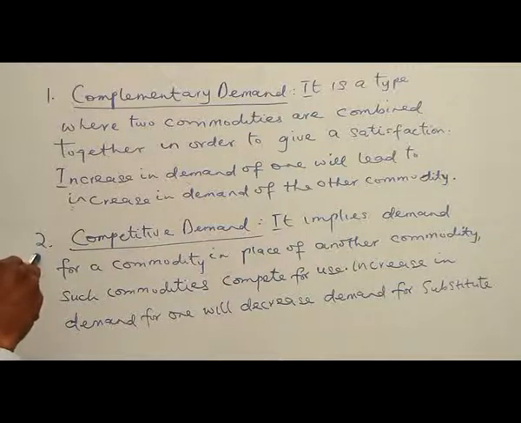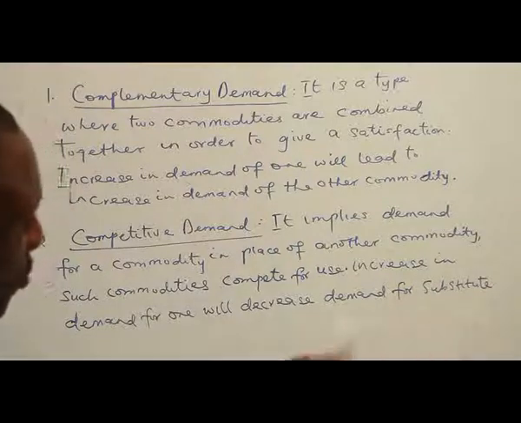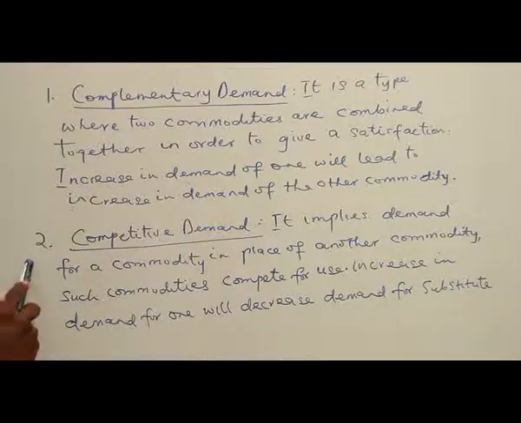Now, if there is an increase in demand for Nokia phone, it means there will be a decrease in the demand for the other one, because you can use Nokia phone in place of a BlackBerry phone. So what we are trying to understand in demand is that increase in demand for one will decrease demand for its substitute. So if there is an increase in demand for Nokia phone, then there will be decrease in the demand for BlackBerry phone.